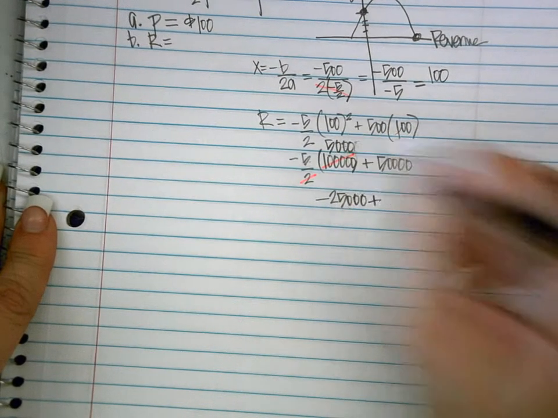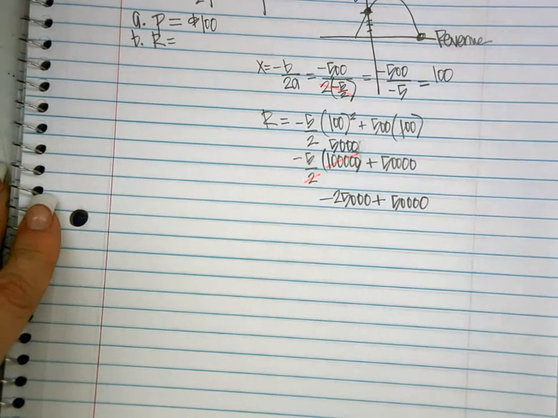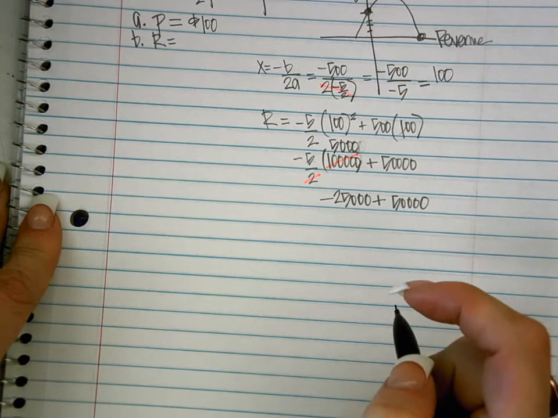Sorry, I got ahead of myself. Plus 50,000 gives you what? 25,000.